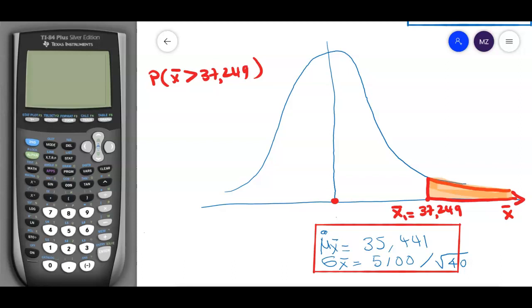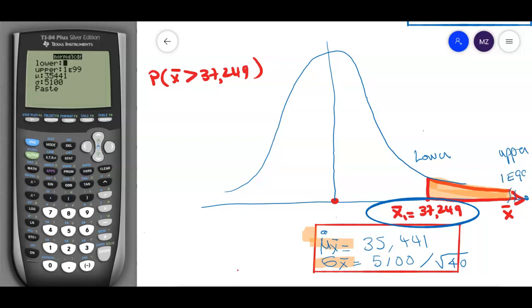I have the mean already, I have the sigma already, so I need the upper bound and the lower bound. The lower bound will be this one here, as you see it. The upper bound is going to be somewhere here, which is plus infinity, so the upper is going to be 1e99, which is plus infinity, right?